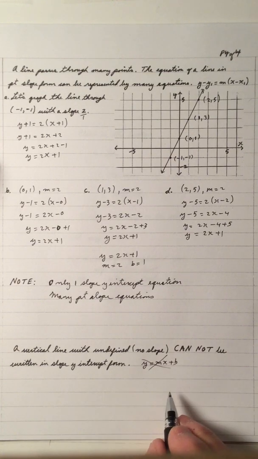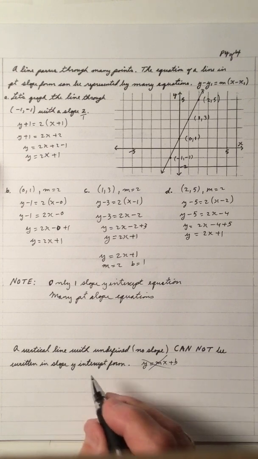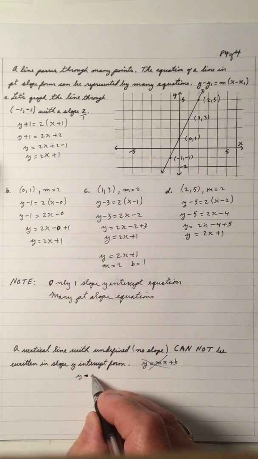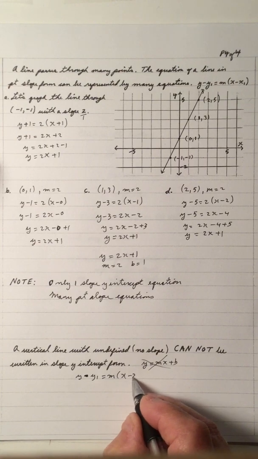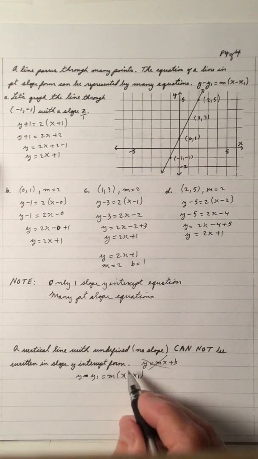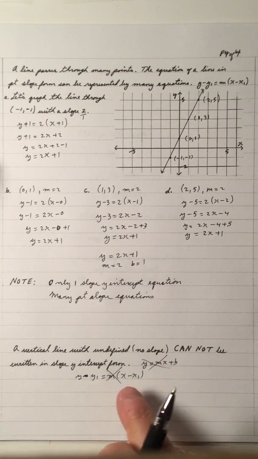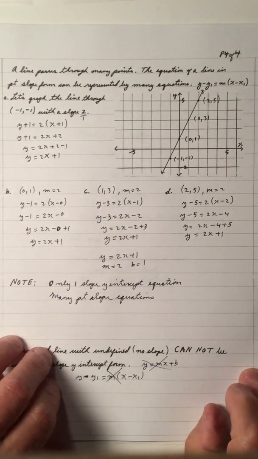And not only that, it cannot go into y minus y1 equals m times x minus x1. It cannot go into the point slope form either, because the slope is undefined. So a vertical line cannot go into either one of these forms because the slope is undefined.